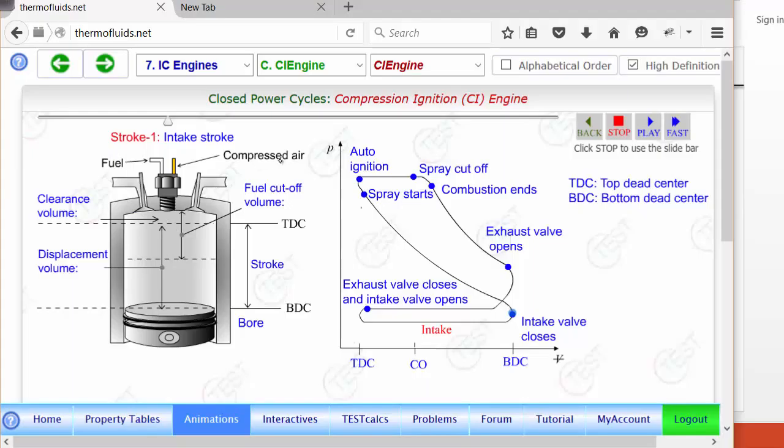At that time, fuel is injected into the cylinder. The air is so hot at the end of compression that the fuel auto ignites, and that's why the engine is called compression ignition. Well, let's go step by step through the processes, then it will become a little clearer.